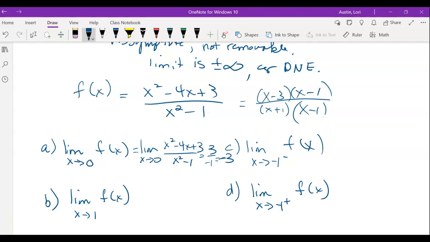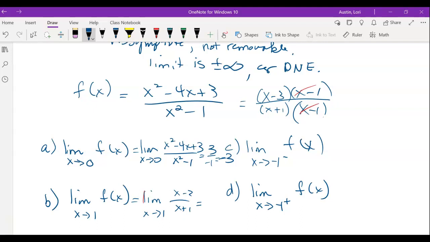So completing this one, putting it in factored form and canceling it, can I cancel these then? I can take the limit. Yes. See how this factor cancels?